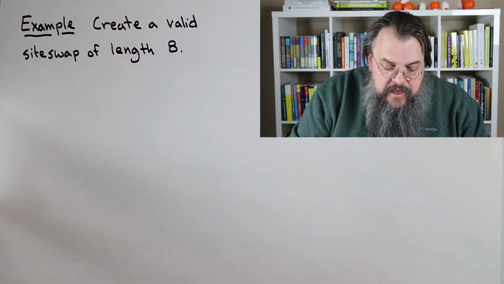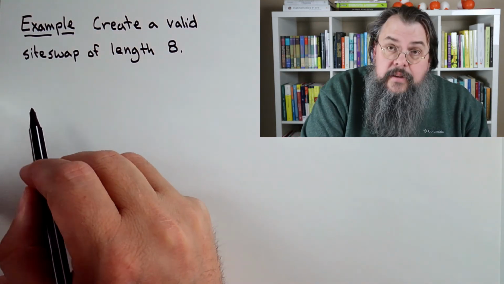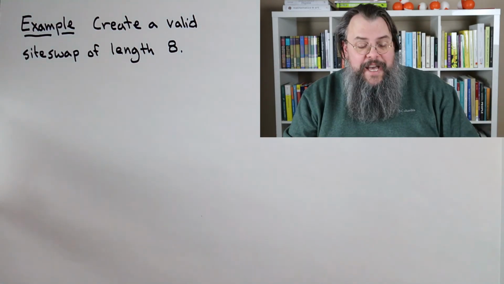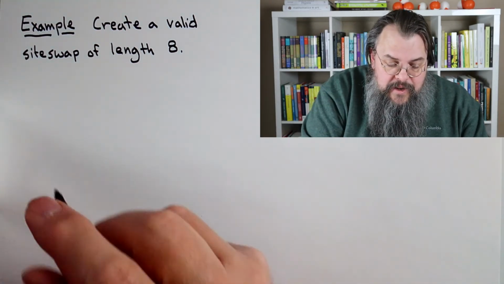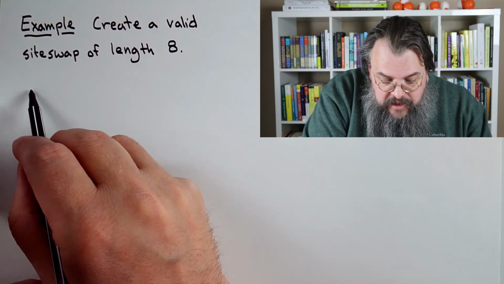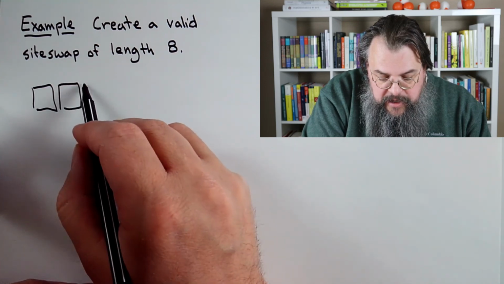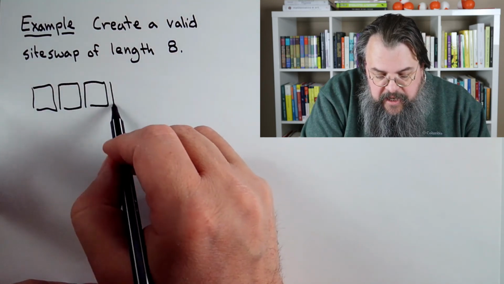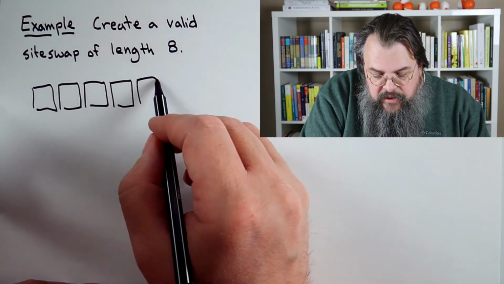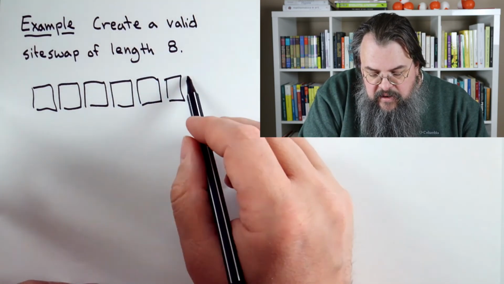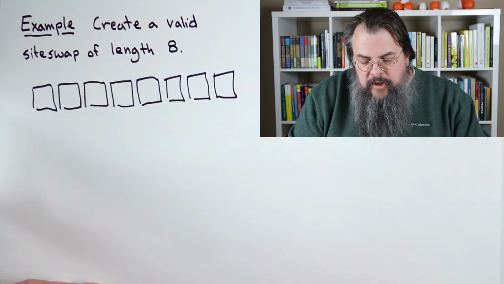All right, so here's the idea. Or at least here's one approach. There's more approaches. We're going to learn how to generate all patterns eventually. So let's think about what we could do. So I'm going to think of it as I have 8 boxes to fill. So I'm going to draw my 8 boxes here. And my 8 boxes are the throws. So let's see, how many is that? 5, 6, 7, 8.